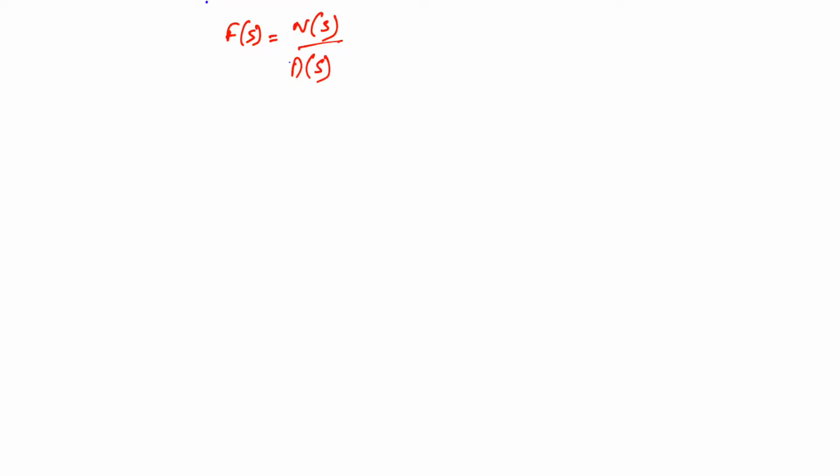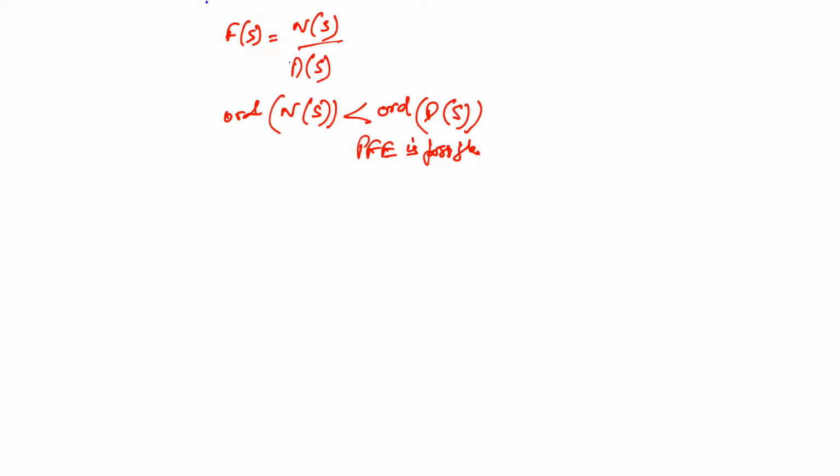Now if the order of N(s) is less than the order of D(s), that is, the order of the numerator is less than the order of the denominator, then partial fraction expansion is possible.